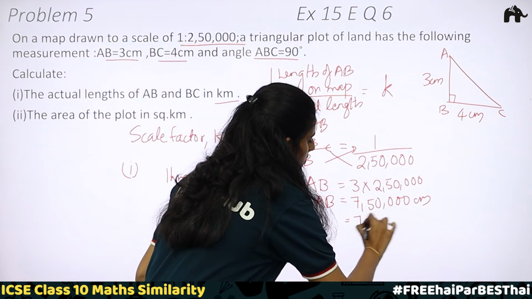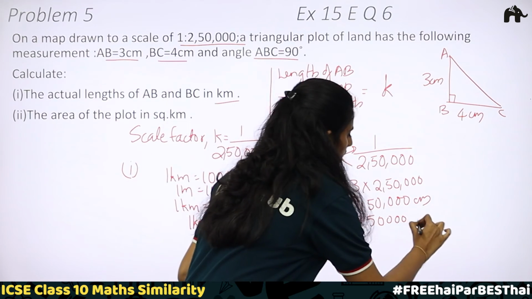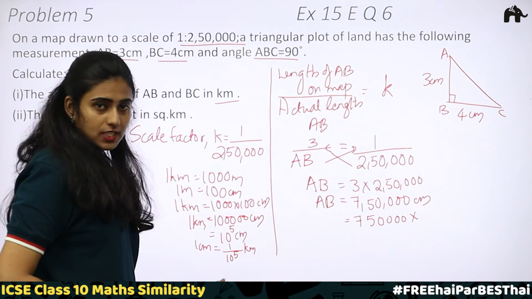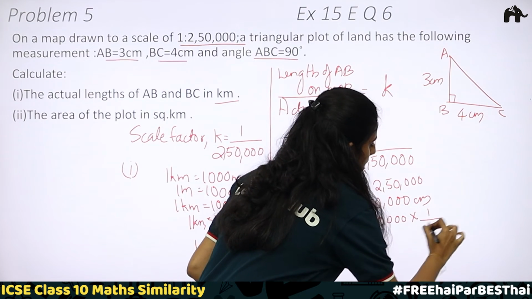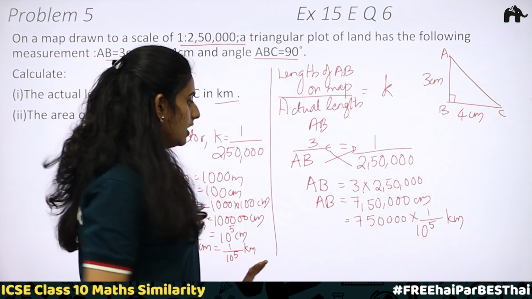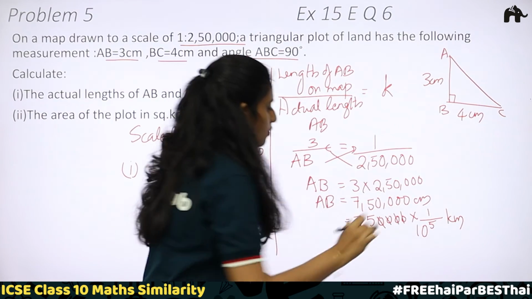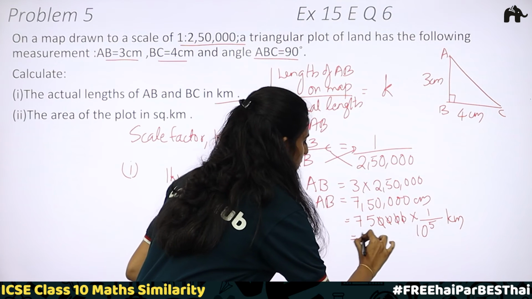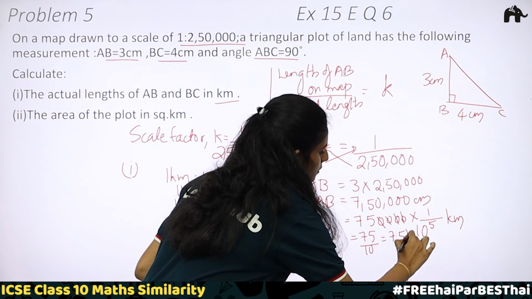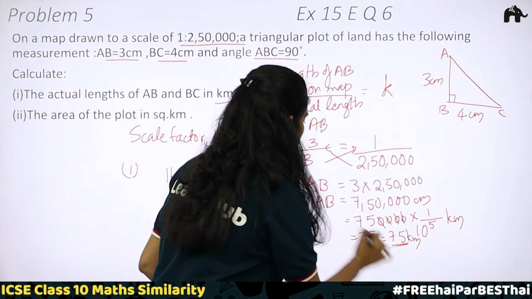That is 7,50,000 into 1 by 10 raised to 5 kilometers. Now here we have 5 zeros. We can cancel 4 zeros, and the remaining will be 75 divided by 10, which is equal to 7.5 kilometer. Okay, 7.5 kilometer is the length of AB.